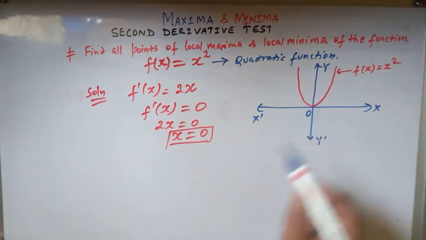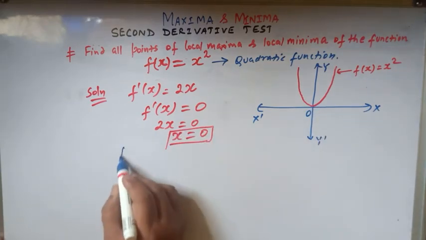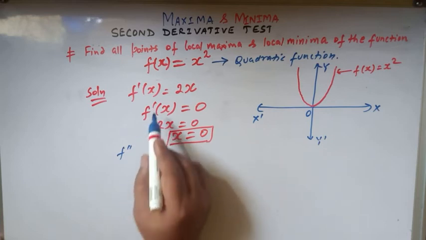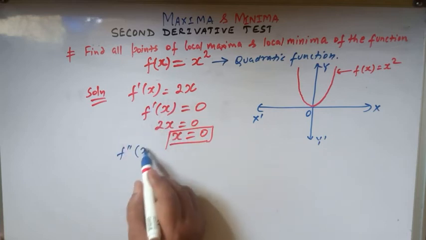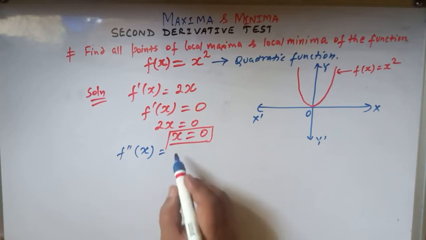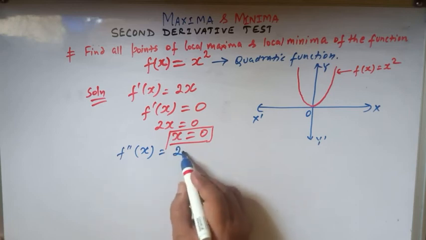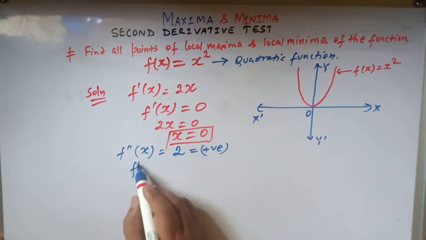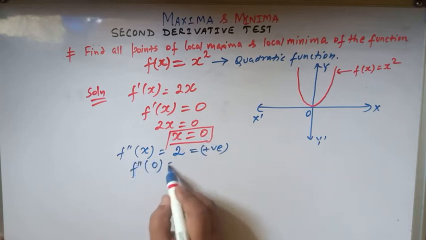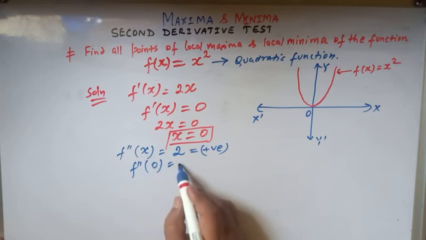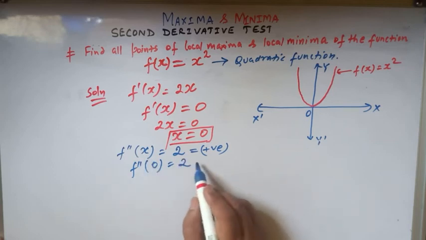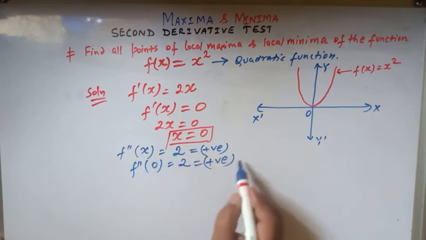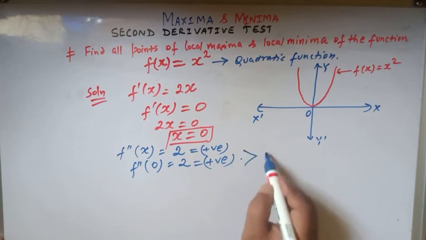This is the point. Now if we find the second derivative of f, we get 2, and this is always a positive quantity, because f double prime of 0, if we put x equal to 0 here, we'll get 2 only. So this is greater than 0.